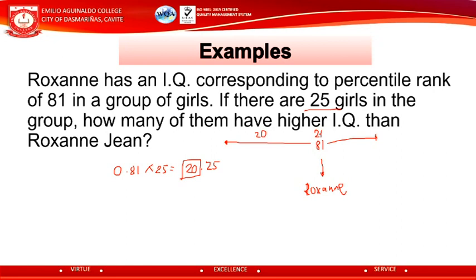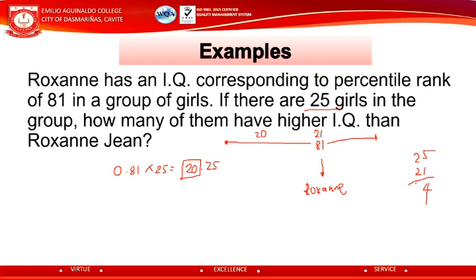Now, this will be the IQ of Roxanne Jean. Then, since they only have 25 students in the class, we just have to subtract the position of Roxanne Jean, and then we will obtain the number 4. So there are 4 students who have a higher IQ than Roxanne Jean.